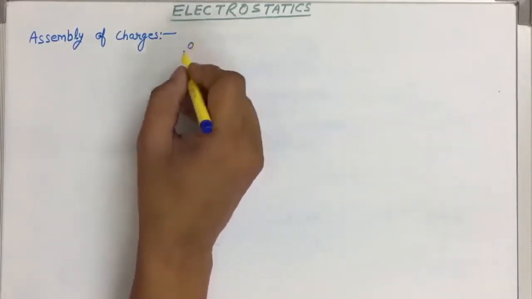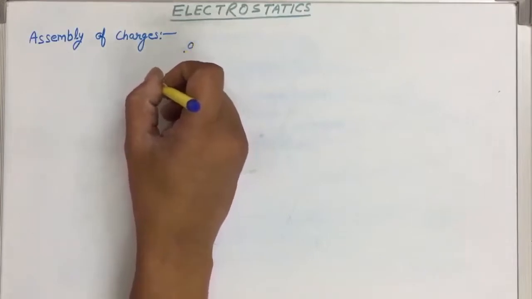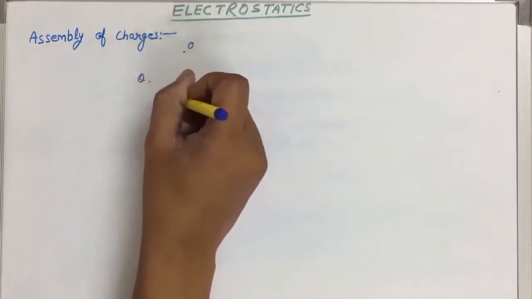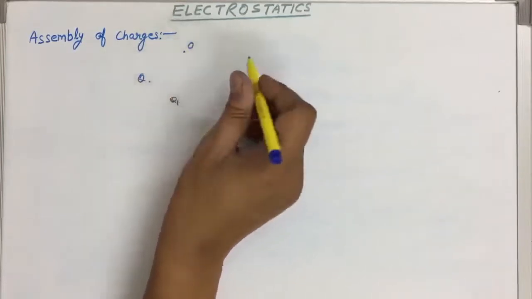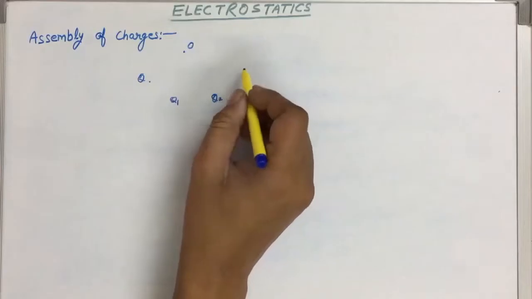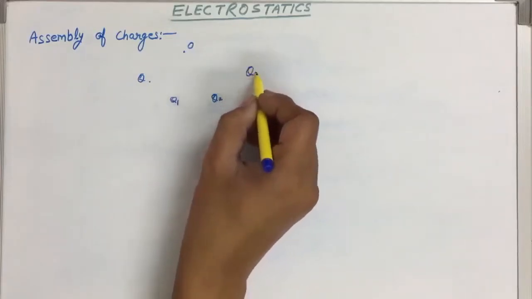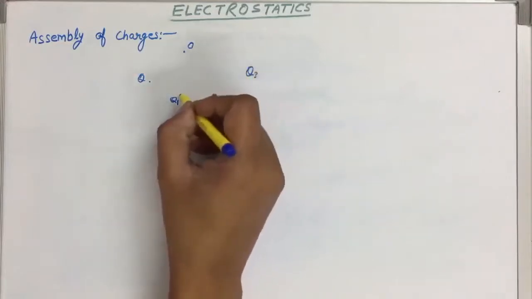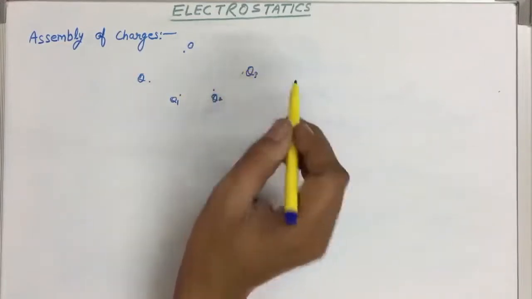Origin O, there is charge Q, another charge Q1, third charge Q2, consider one more, you can consider Q3. So you can consider in this way.